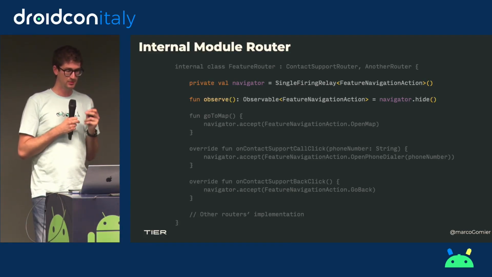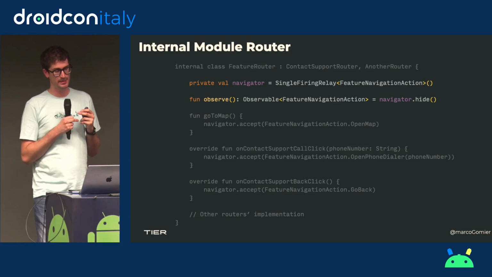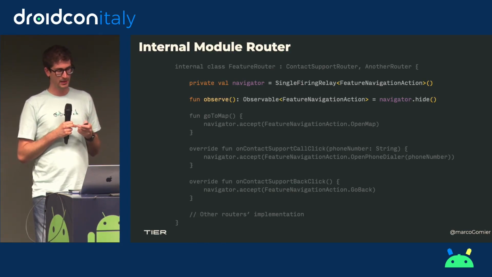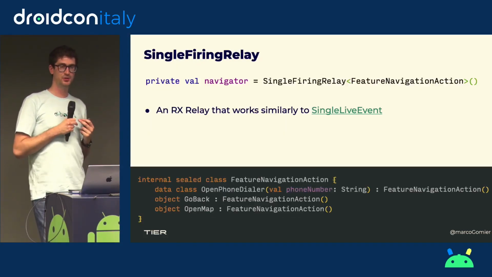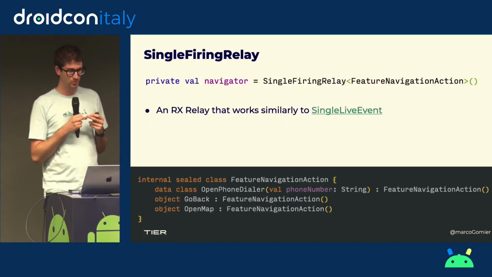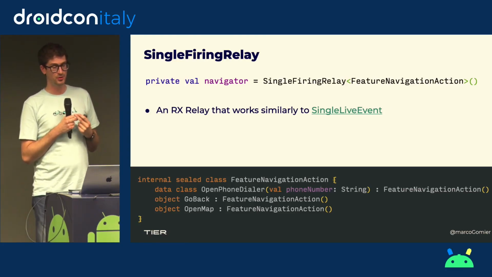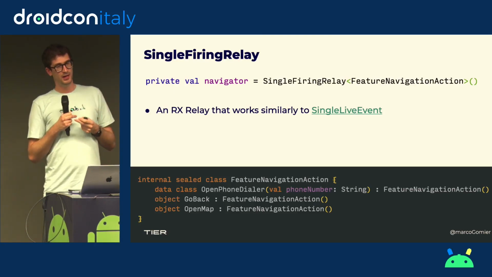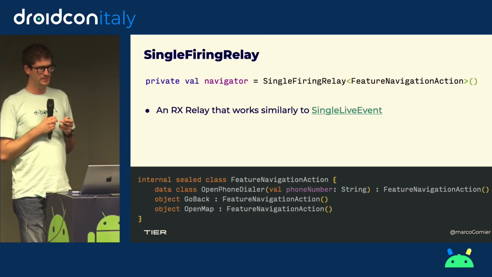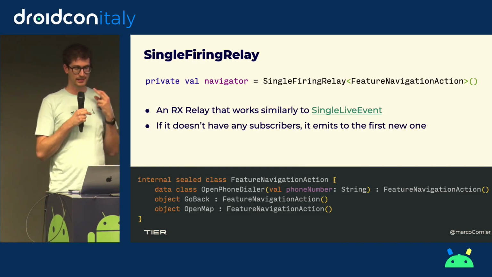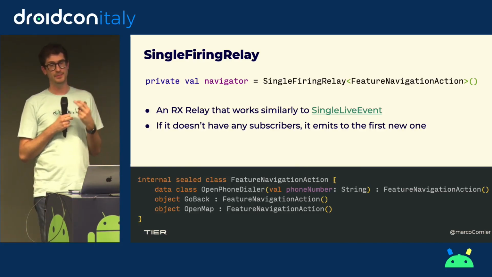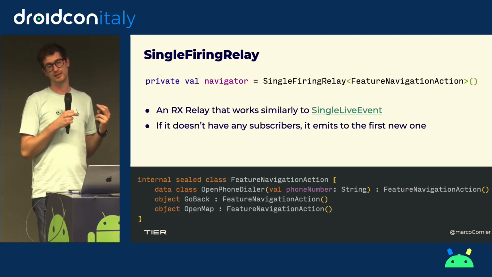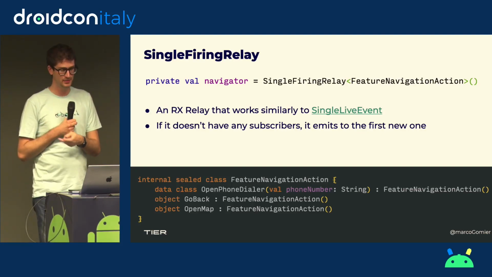And this observable basically hides an Rx relay, but a customized version of a relay, because we wanted a similar behavior to a single live event that you probably have used if you're using LiveData. So basically, we wanted a relay that emits the data if there's no subscriber but a subscriber arrives later on.